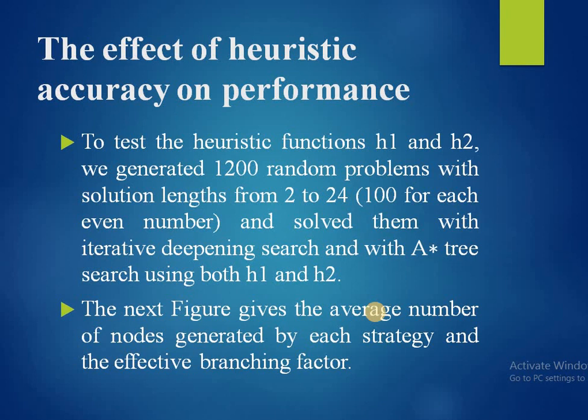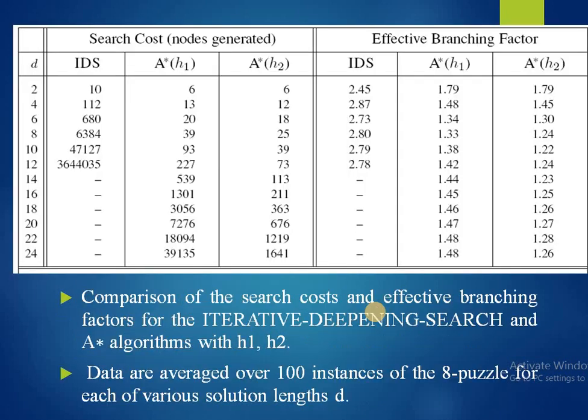The next figure gives the average number of nodes generated by each strategy and the effective branching factor. Here is the table which provides the effective branching factor and the search cost of all the search strategies.